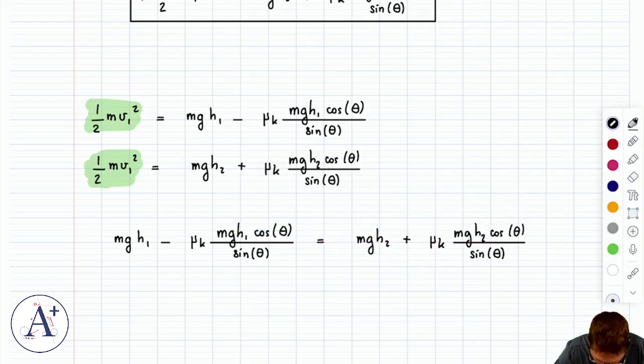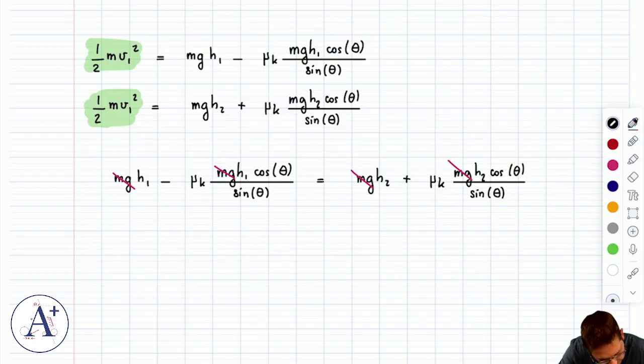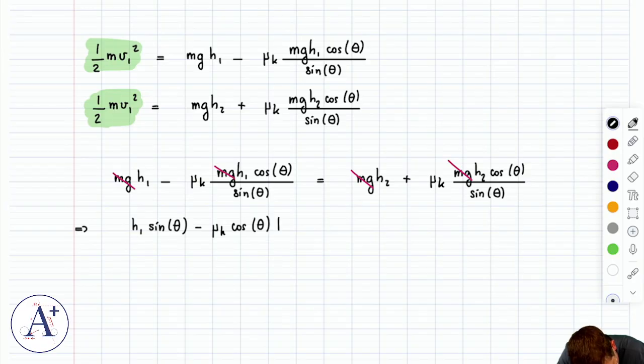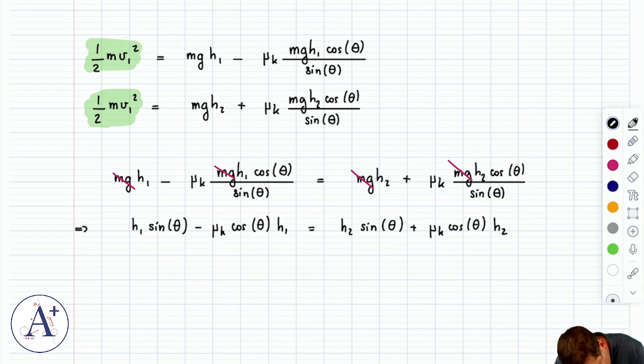By the way, mg is a common factor, so I can factor it out on the left and on the right and get rid of it. Then I can multiply by sine theta on both sides. I'm going to get h1 times (sine theta minus mu k cosine theta) is equal to h2 times (sine theta plus mu k cosine theta).